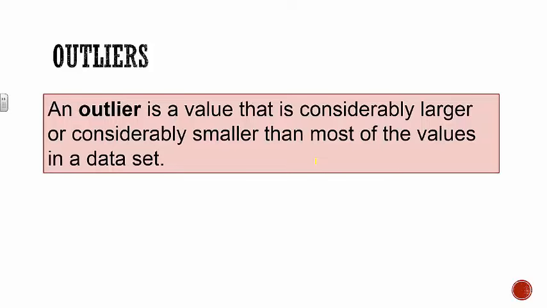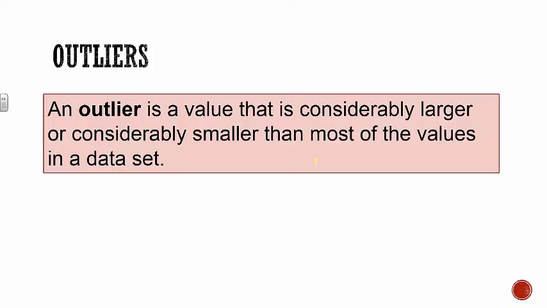Now, occasionally in a data set, you'll have an outlier. An outlier is a number that's very, very large or very, very small in comparison to the rest of the numbers in the data set. Sometimes you can take out an outlier if you feel it was there because of a mistake, like somebody just typed in the number wrong.